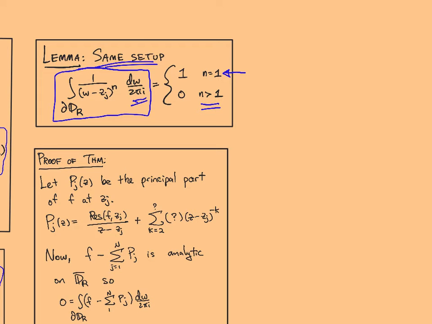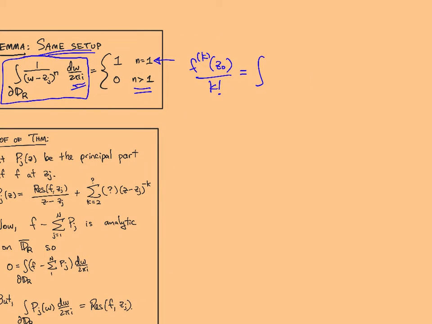Our formula for computing derivatives at a point was that the kth derivative at z0 divided by k factorial can be computed by a Cauchy integral, f of w over w minus z0 to the k plus 1, on some disk of radius r that f is analytic on.